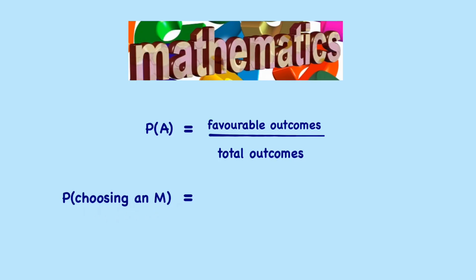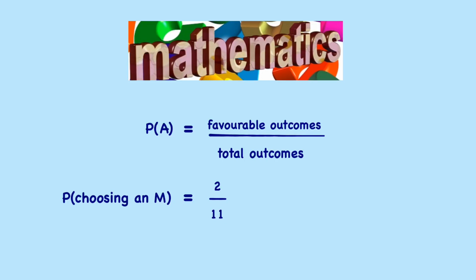And favourable outcomes, we have 2, as there are 1, 2 M's in mathematics, and altogether there are 11 total outcomes because there are 1, 2, 3, 4, 5, 6, 7, 8, 9, 10, 11 letters. So the probability is 2 out of 11.